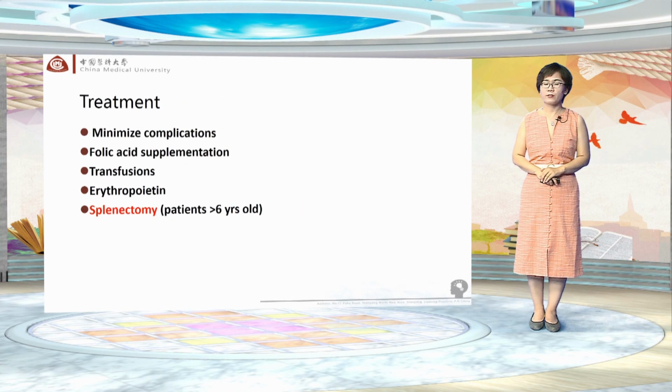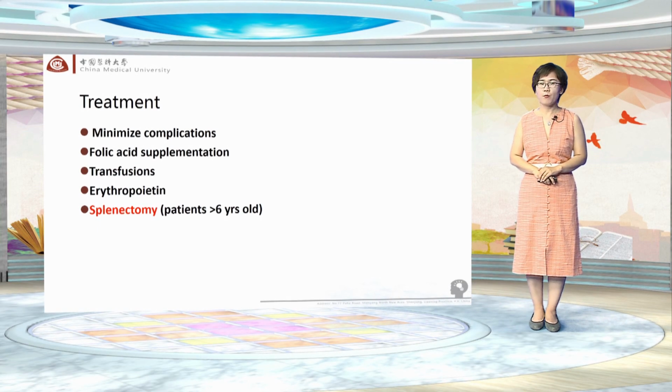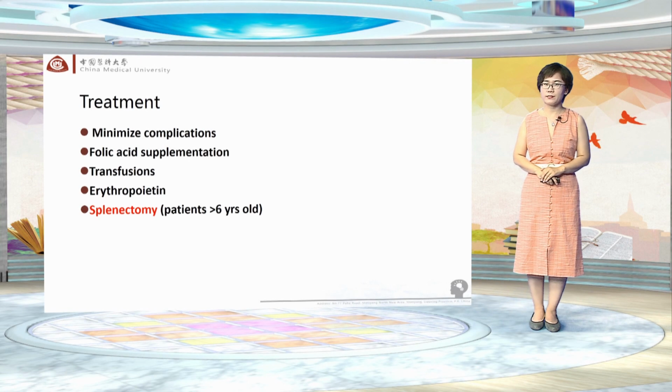Treatment of hereditary spherocytosis is directed at minimizing complications of chronic hemolysis and anemia. For those with moderate to severe hemolysis, folic acid supplementation is suggested, which can help prevent aplastic crisis.